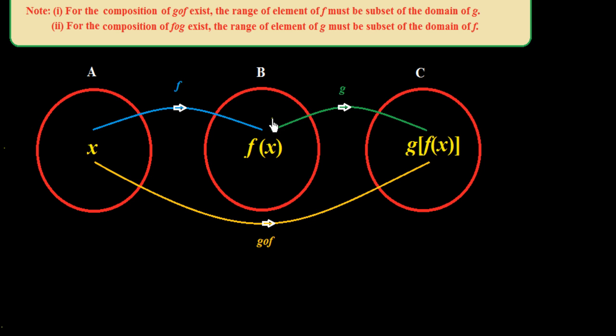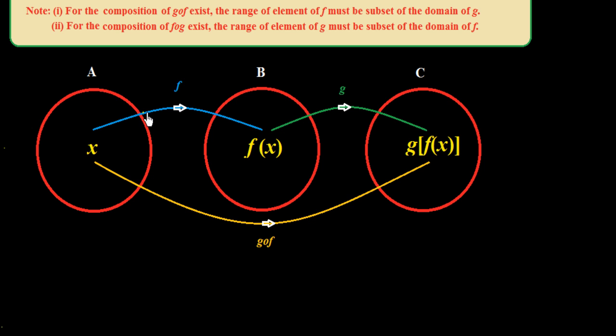So it is the range for f and the domain for g, and the range of g is C. If we have to find g of f of x, then the domain of g of f would be A, and the range would be C.